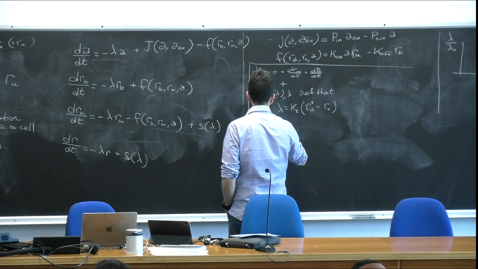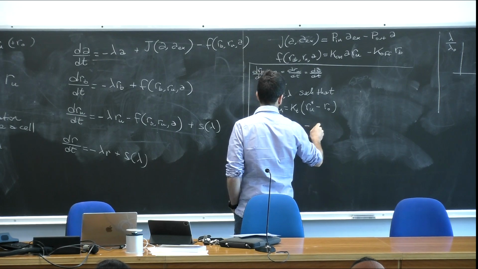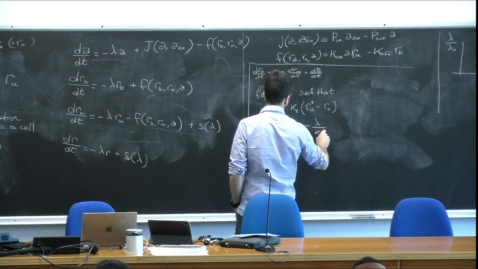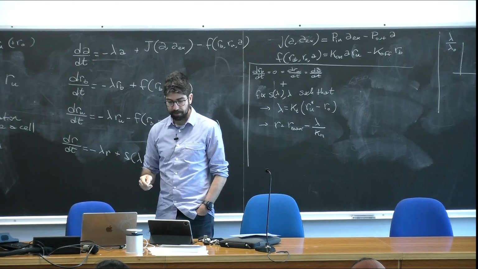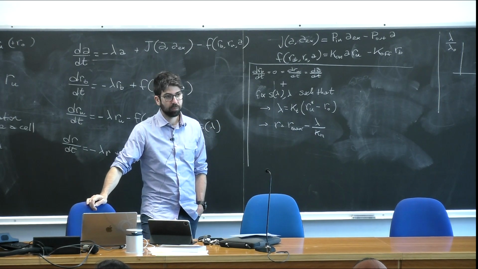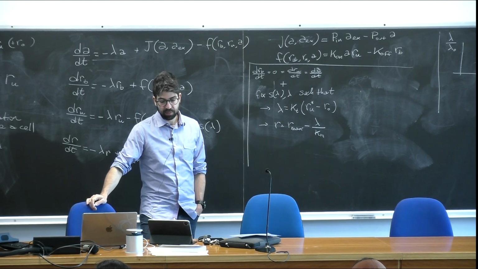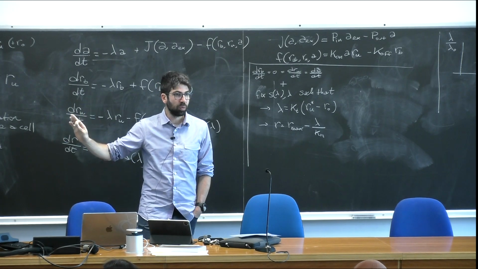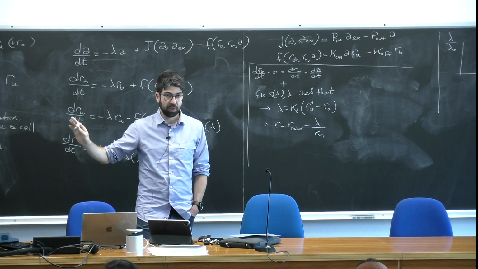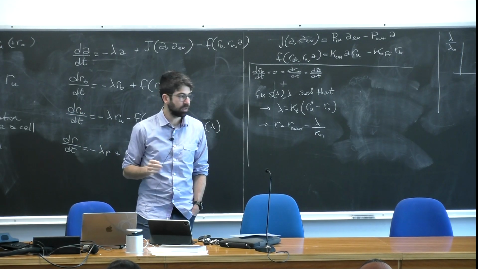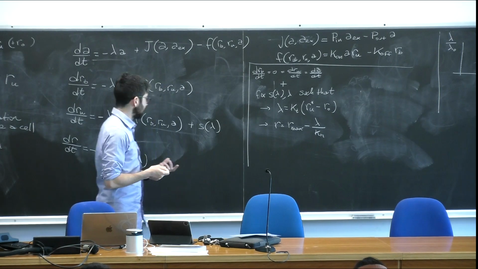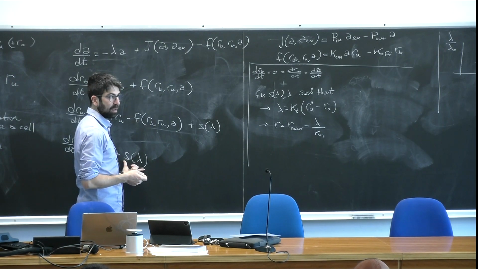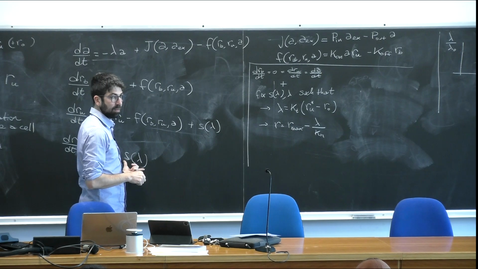And so we know that the total amount of ribosomes has to be equal to some R_max minus lambda over K_n. Okay? Where the nutrient enters. Do you agree with these two things? So we are imposing these two conditions, which are based on what we know from the previous lectures. Effectively, what it does is that it fixes the form of S of lambda, and it fixes the value of lambda. Okay?